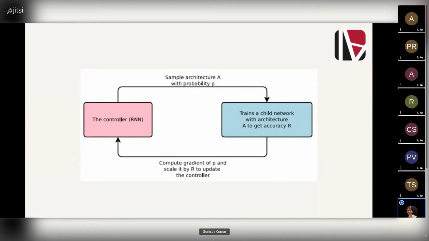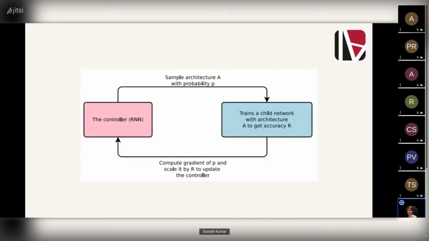So basically, the idea is, what we have been doing for the past decades was that people used to manually design the network architectures for specific problems. For example, AlexNet, then we have ResNet, we had VGG, we had so many different network architectures, which were all manually designed and tested.